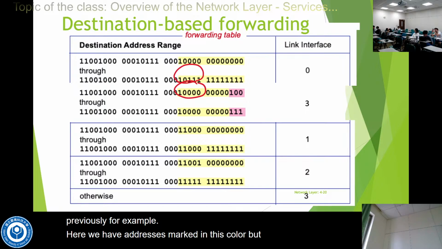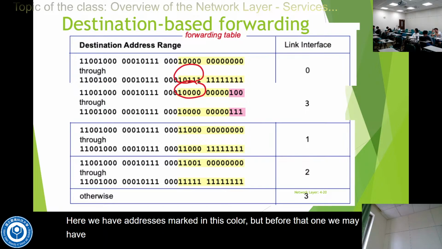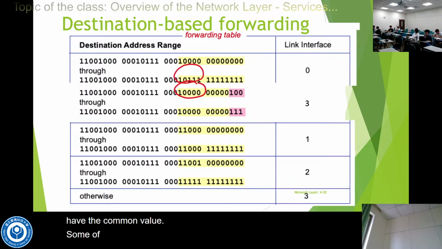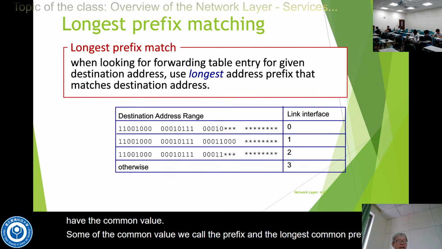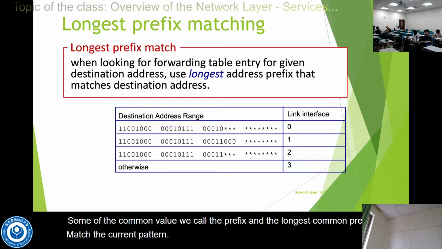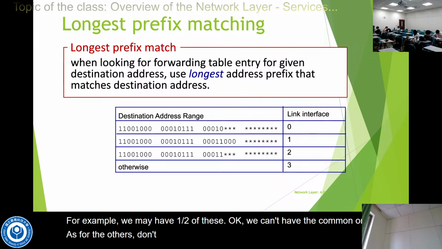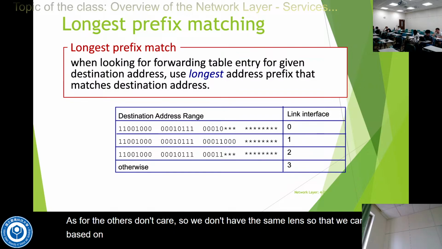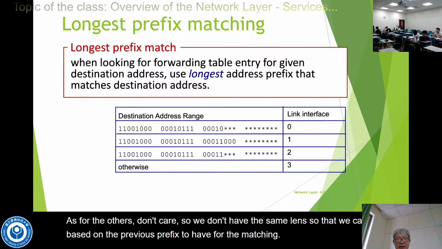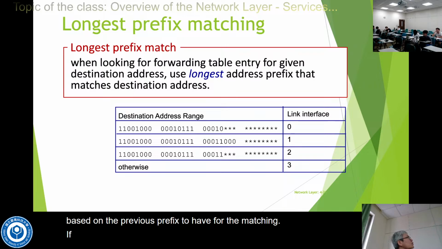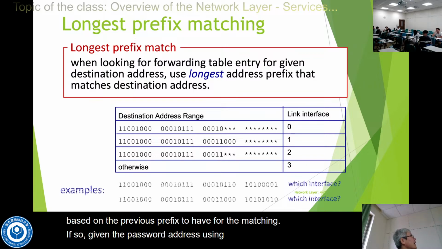Before that, we may have a common value, and the common value we call the prefix. The longest common prefix matches the current pattern. For example, we can have the common part, and as for the others, don't care. So we don't have the same length, and we can use the prefix to do the matching. Given the possible address, we use the prefix and the longest prefix matching.